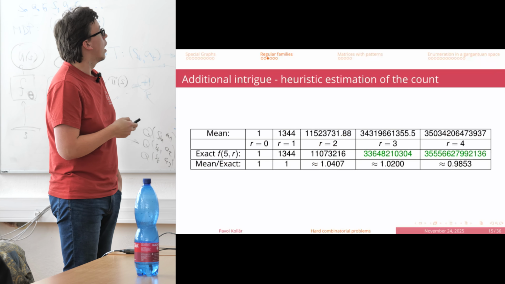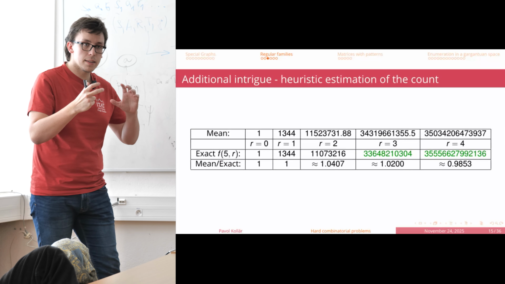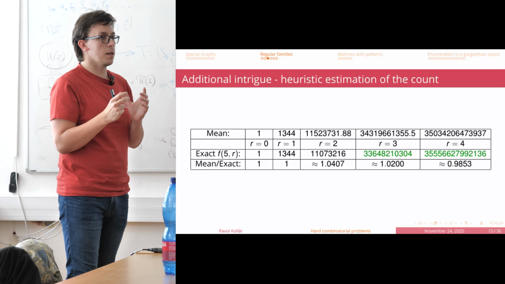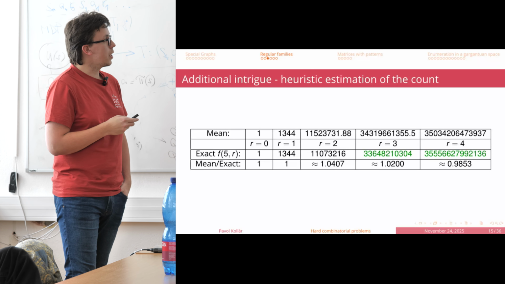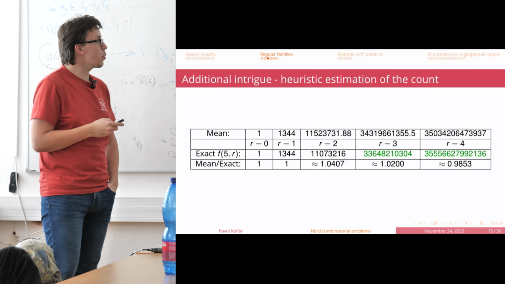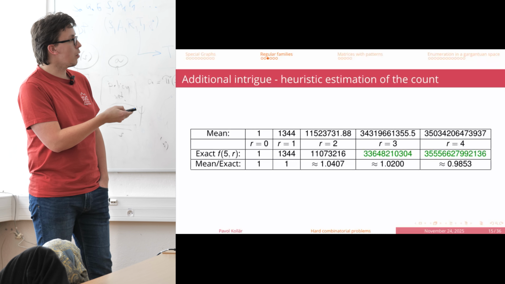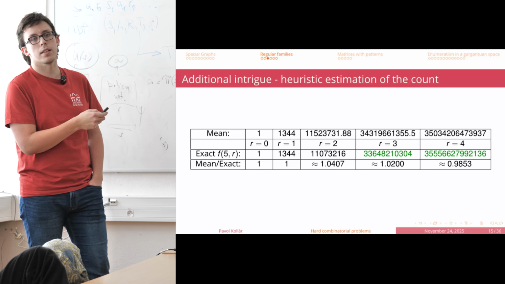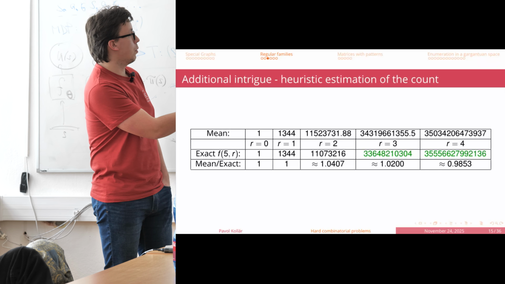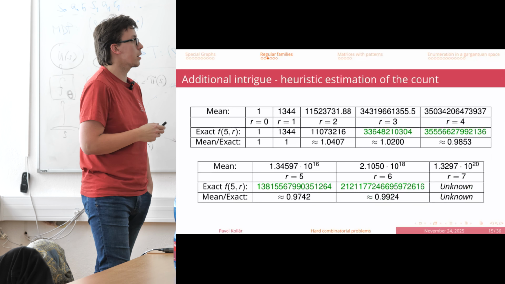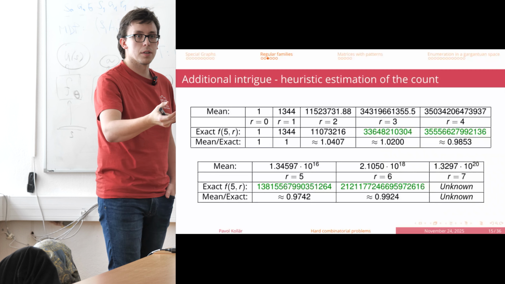First of all, we tweaked a famous algorithm that counts the number of leaves in a tree to heuristically estimate the number of R regular families on 5 elements. Here we have the mean of, I think, either 50 or 100 trials of that randomized algorithm. And here we have the true counts, where the greens are the extra ones that we got from other computations.